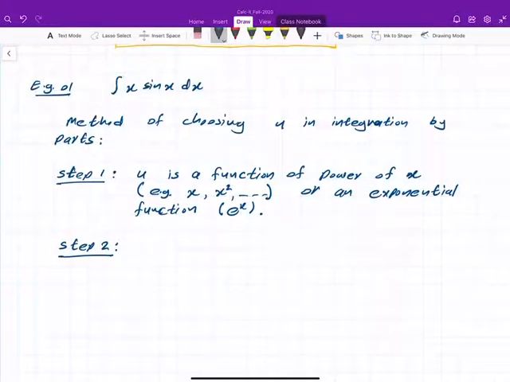In step number 2, if step number 1 does not work, let's say you couldn't find u as a function of power of x or an exponential function, then you have to move to step number 2. If step number 1 works, you stop right there. You don't need to go to step number 2. If step number 1 does not work, you have step number 2.